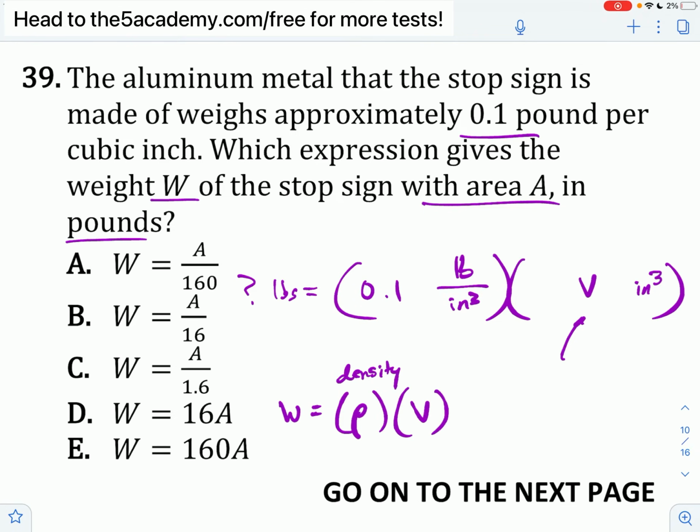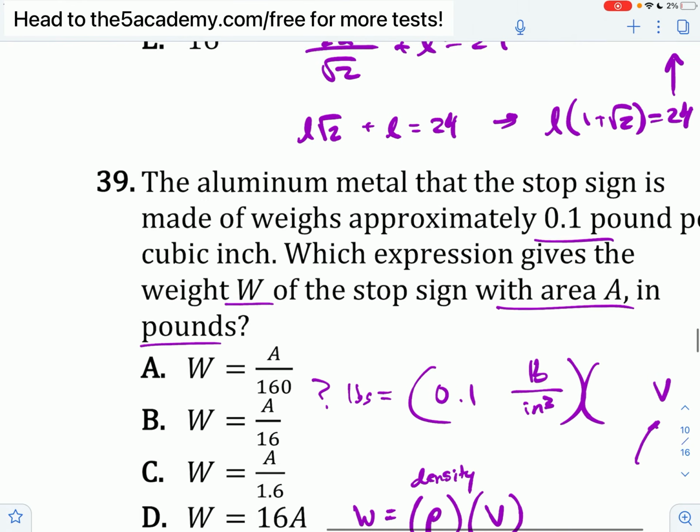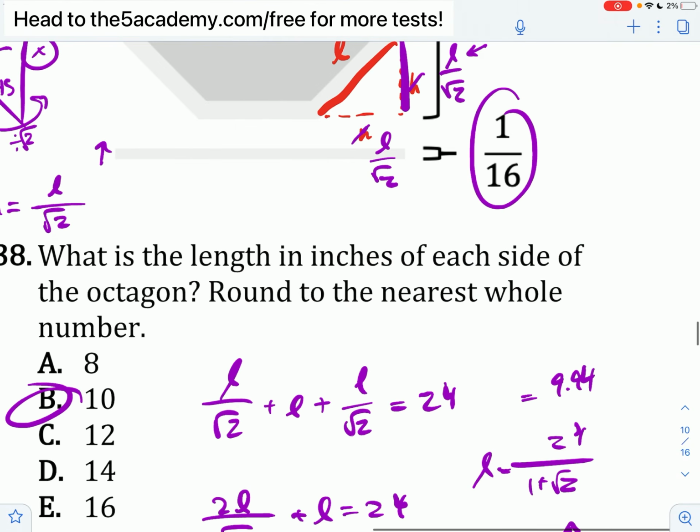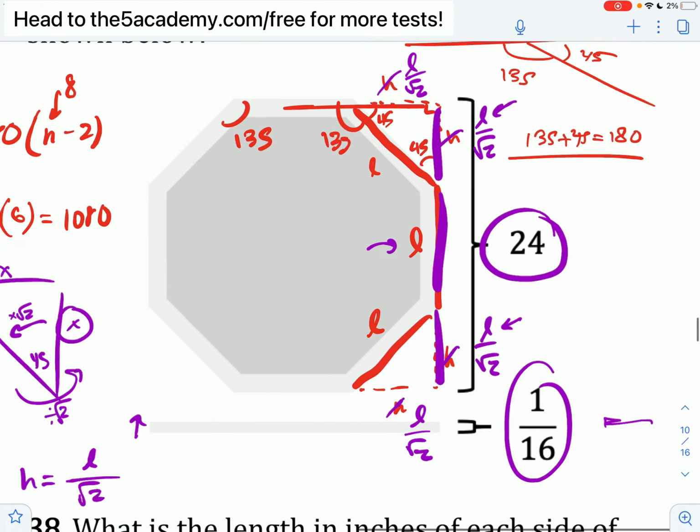And we need to calculate the volume essentially. So the volume, given the area A and this dimension of 1/16, we can get the volume. Because what is this shape really? It's an octagon, yes, but it's actually an octagonal prism. It's a really flat octagonal prism because it's only being extruded in that third dimension vertically by 1/16 of an inch. It's a very thin octagonal prism.